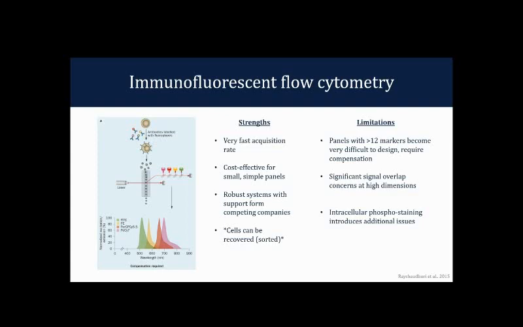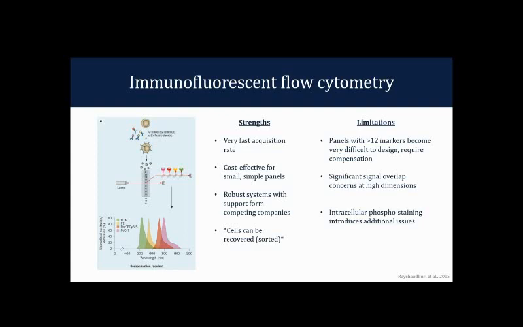So the strengths of immunofluorescence cytometry: first of all, this is the gold standard. Everybody uses flow cytometry, myself included. It's a very powerful tool with a huge amount of support in the field. Also, the acquisition rate, especially for just analyzing cells, is very high. It's over 10 times higher than what you'll see with mass cytometry.